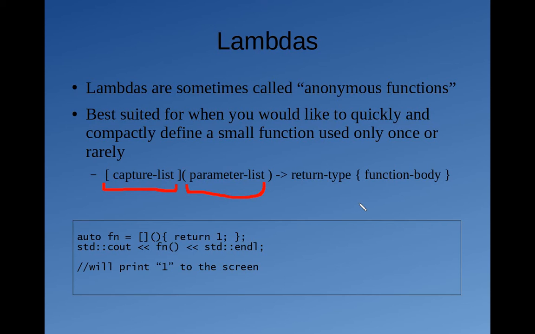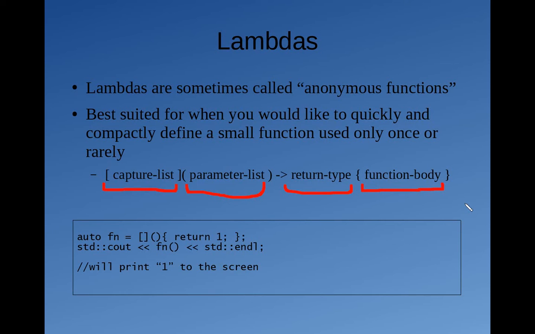It's just the parameters that get passed to the function body, just like with a regular function. And then you have the optional return type part of the syntax. If return type resolution fails, you can manually specify the return type here, but it's totally optional.